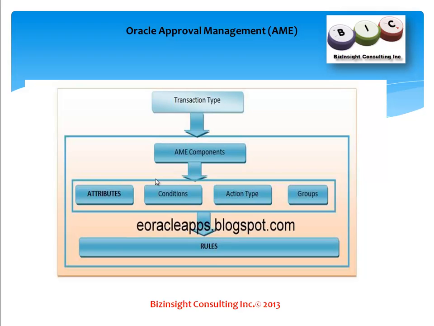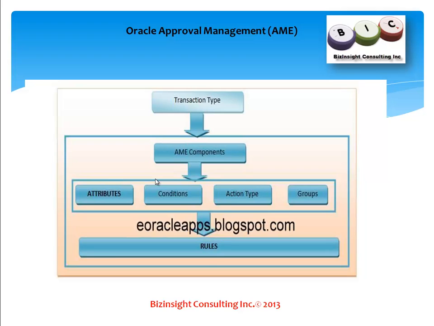Like in our case, the approvals were based on the amount. So we define amount as a non-mandatory attribute. Once we set up our custom transaction type in AME, we define the attributes like amount, quantity, account number, person ID. These were the attributes which we defined because we want to use these attributes while defining the conditions.